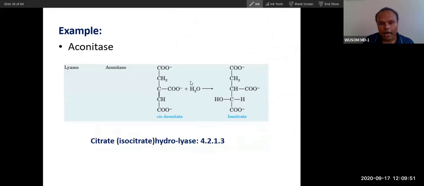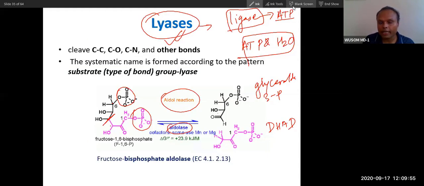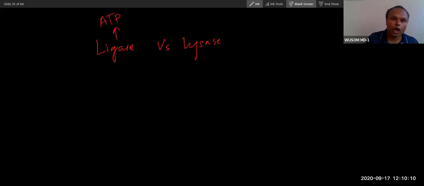I told you, this is one confusion. People get confused sometimes between ligase and lyase. Ligase always utilizes ATP. Lyase never utilizes ATP. This is a very big difference between lyase and ligase.